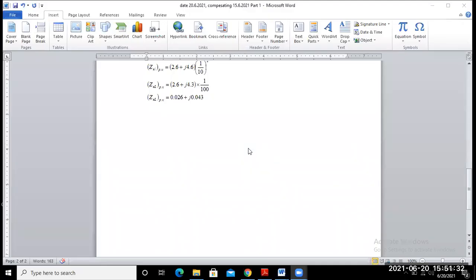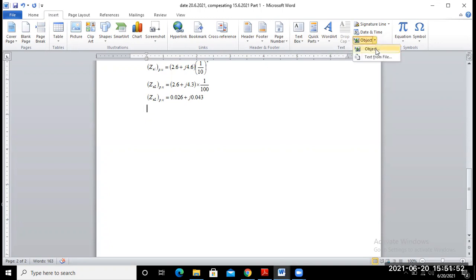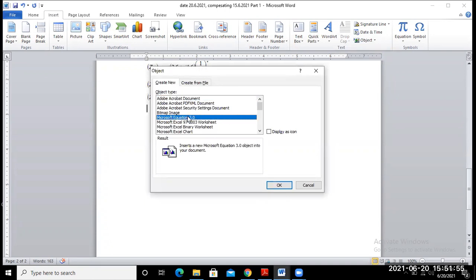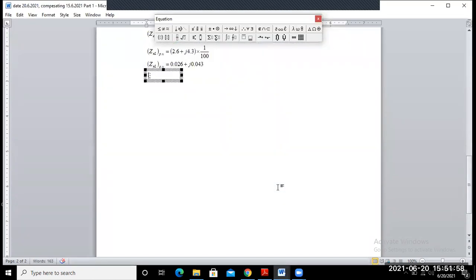The base voltage of the low voltage side, VBL, is equal to 250 volt.